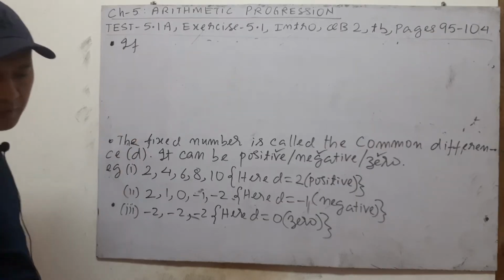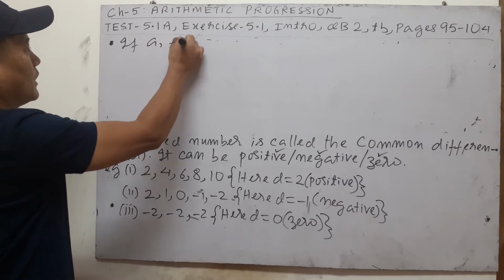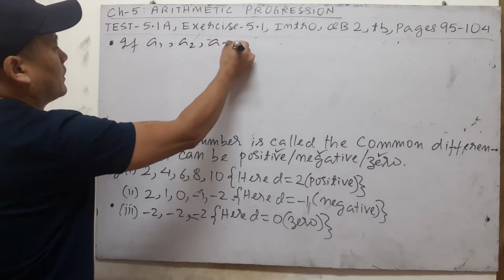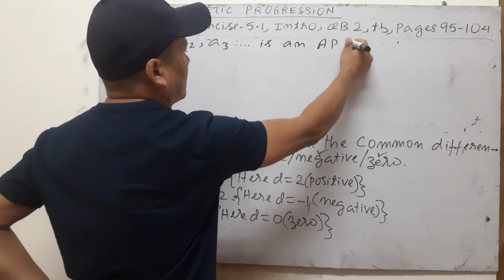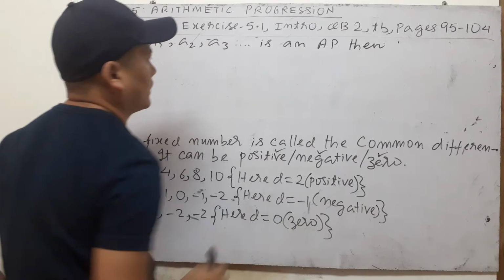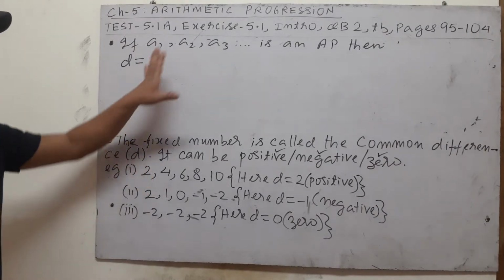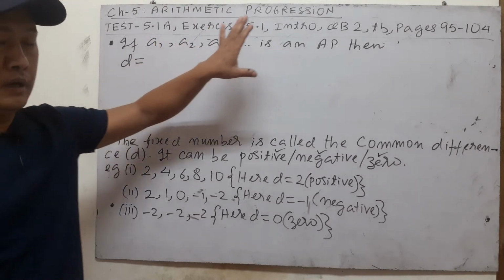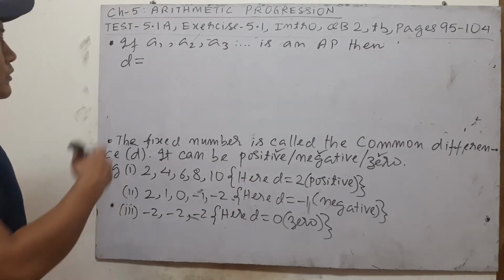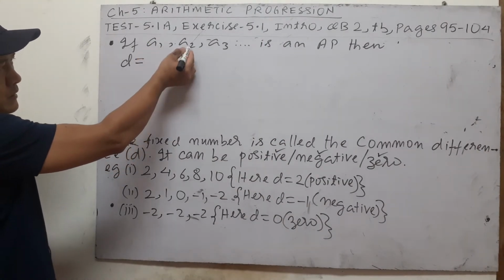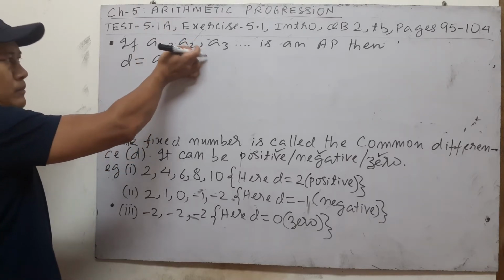If A1, A2, A3, etc. is an AP, then the common difference D will be given by the following, which is always true. If you have an arithmetic progression, for example A1, A2, A3, A4, etc., then it's always a term minus its preceding term.